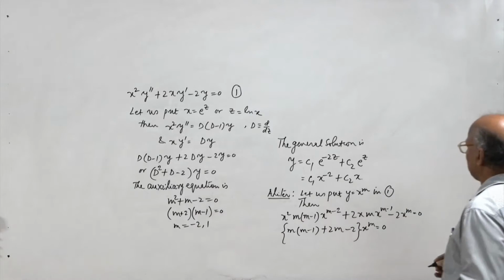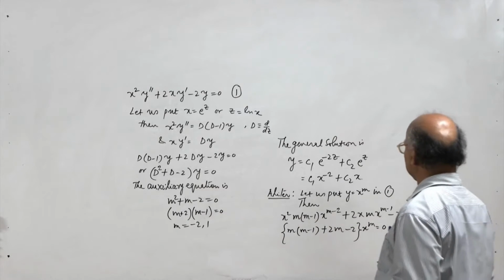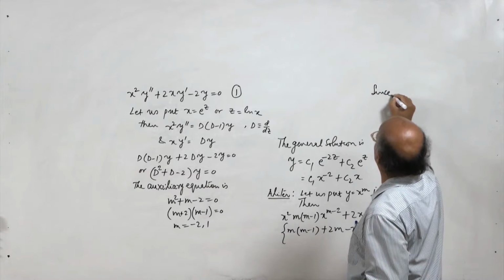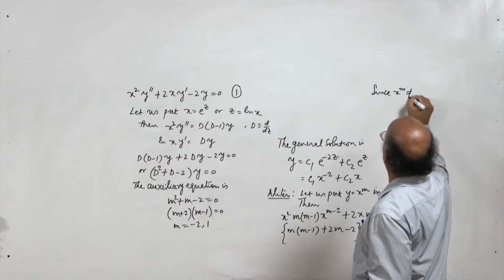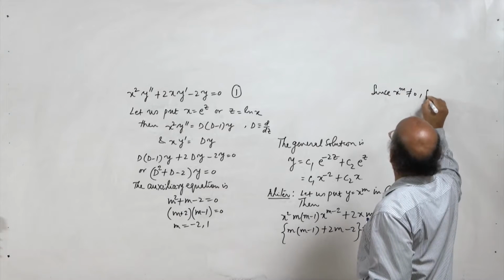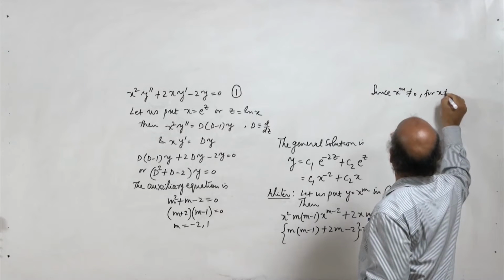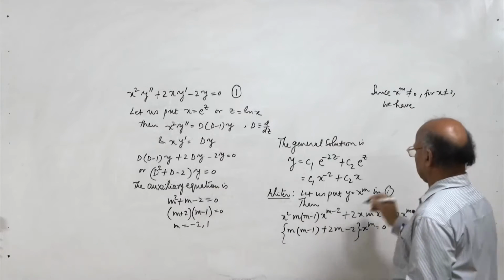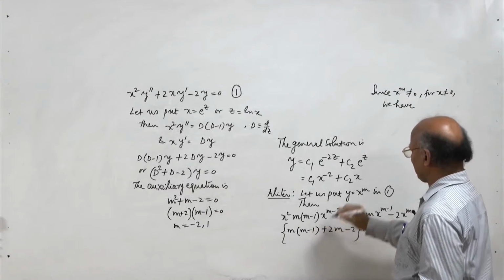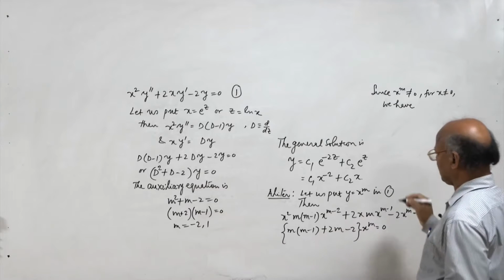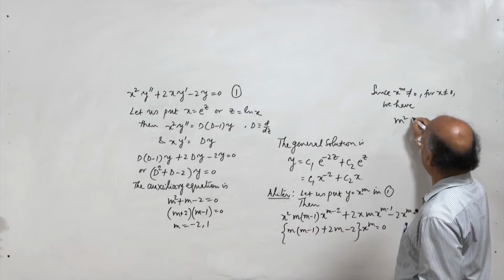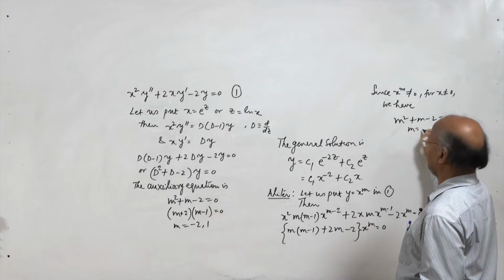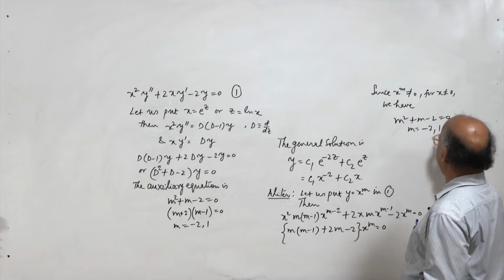Now again x to the power m is never 0 when x is not equal to 0. So we have m into (m minus 1) plus 2m minus 2 equal to 0, which gives you m squared plus m minus 2 equal to 0. The roots are m equal to minus 2 and 1.